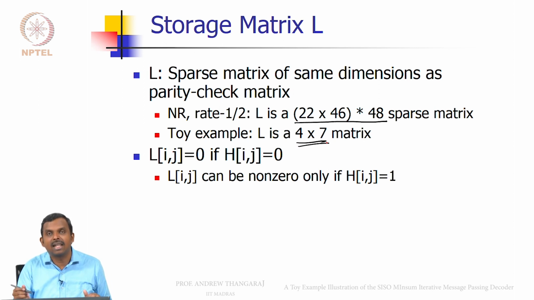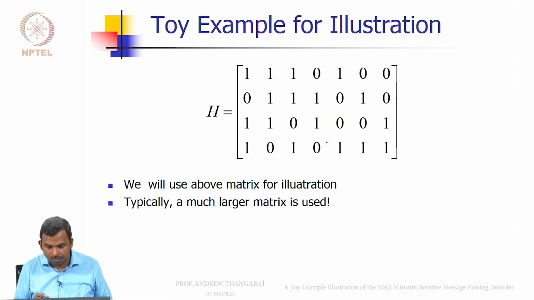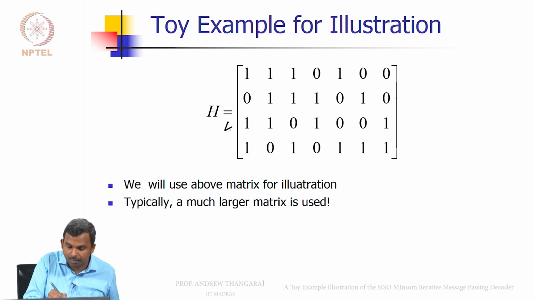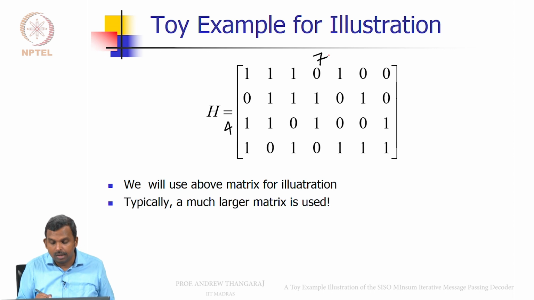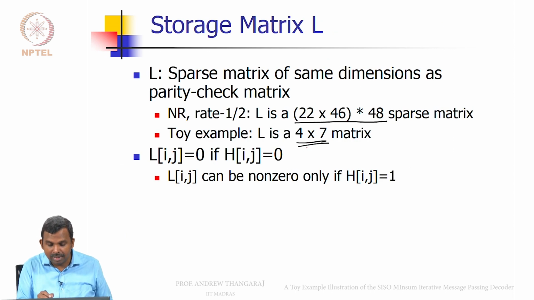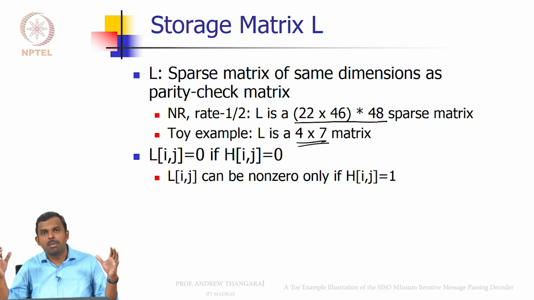Like I said, the real L matrix or the real parity check matrix will be very, very large, but we are taking a toy example. The same thing is blown up, but remember it is sparse.